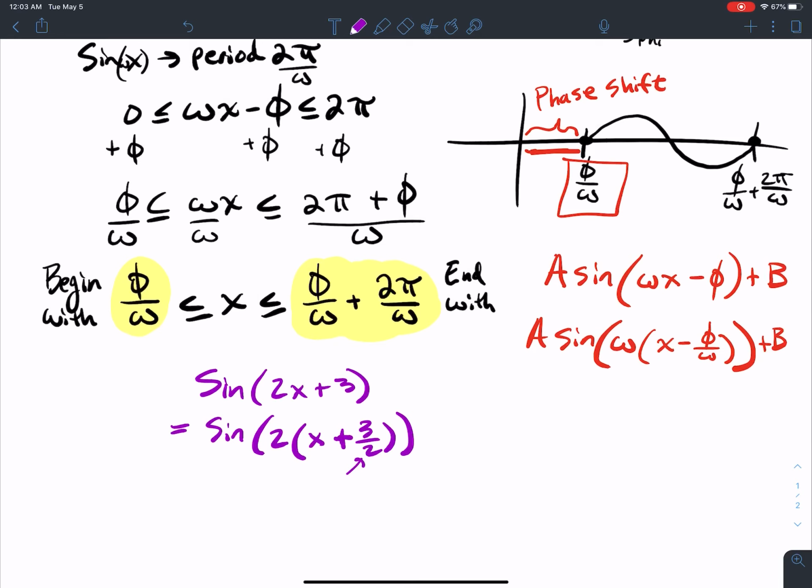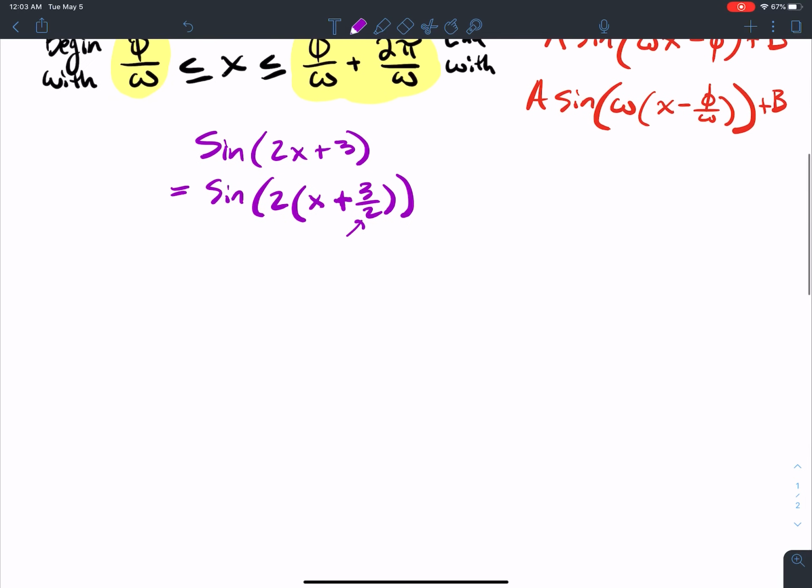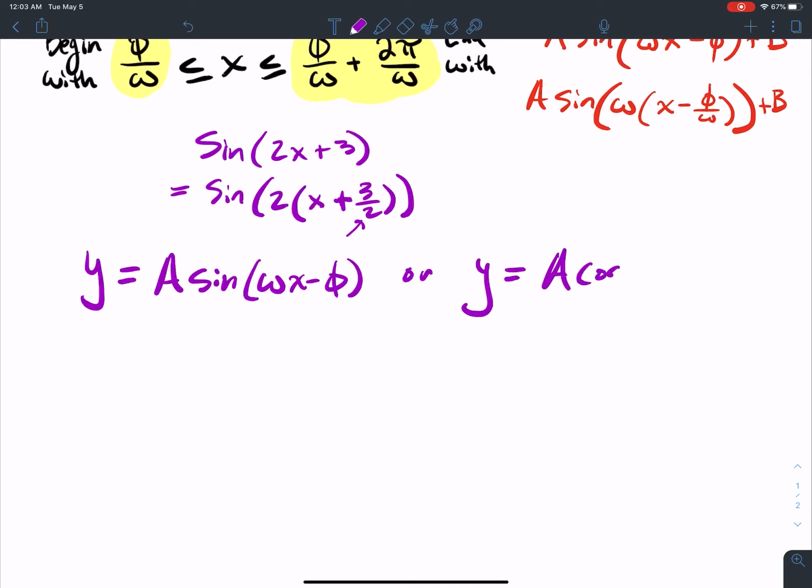Okay, so in general, y equals a sine(omega x minus phi), or y equals a cosine(omega x minus phi). The amplitude is equal to the absolute value of a.